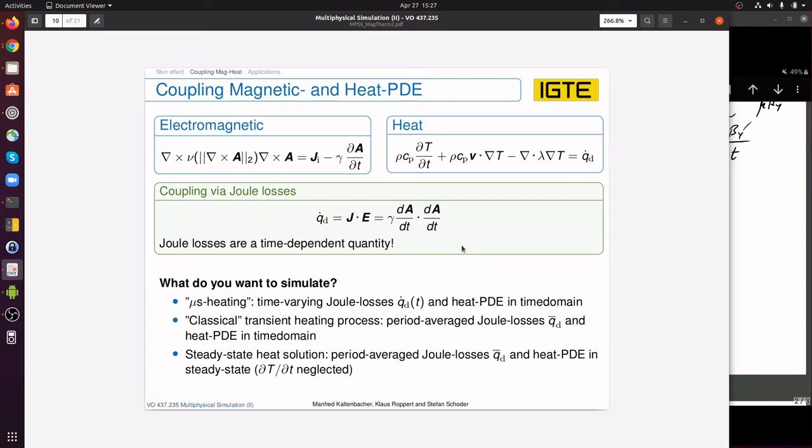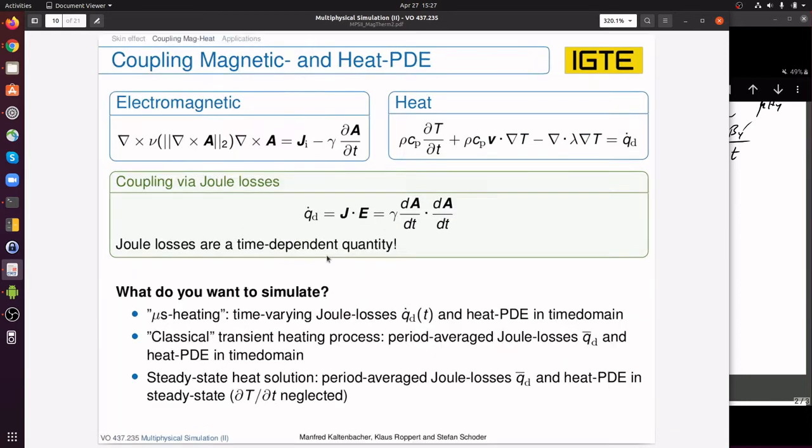So we have the time derivative of A in time derivative of A scaled with electric conductivity. So these are the Joule losses.